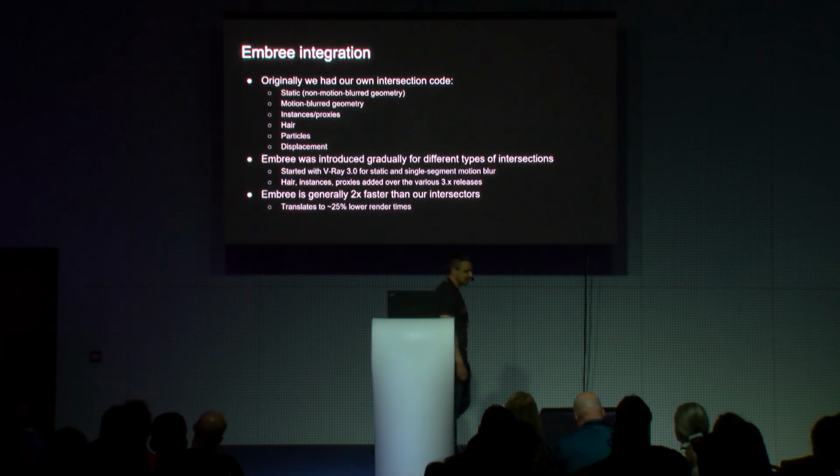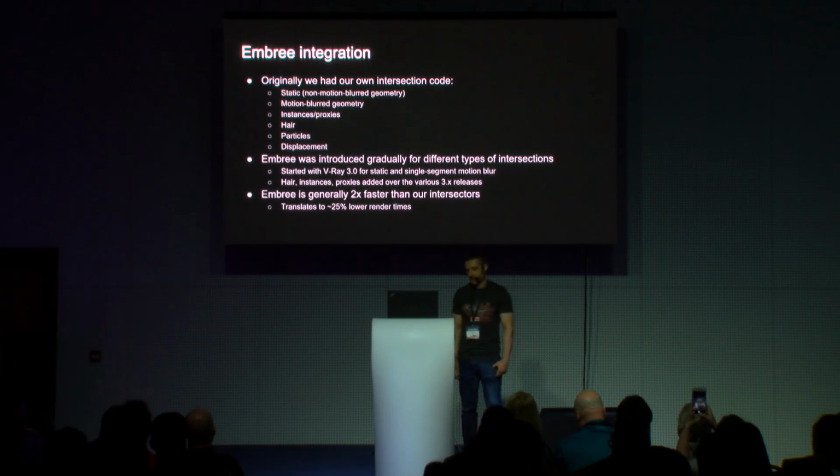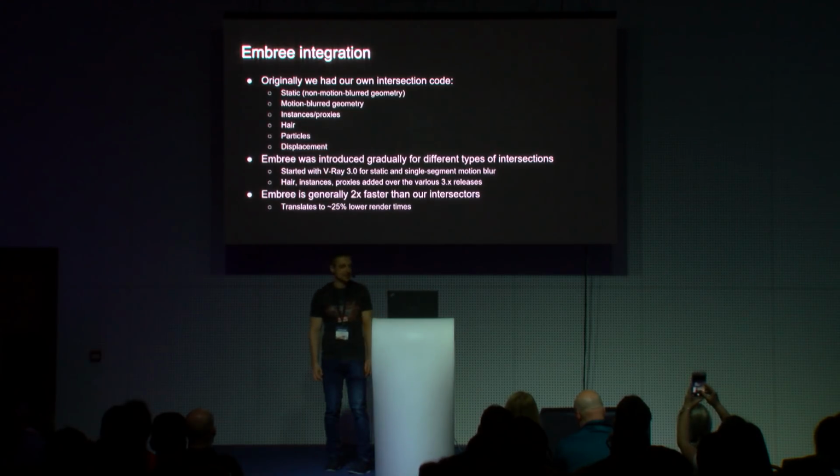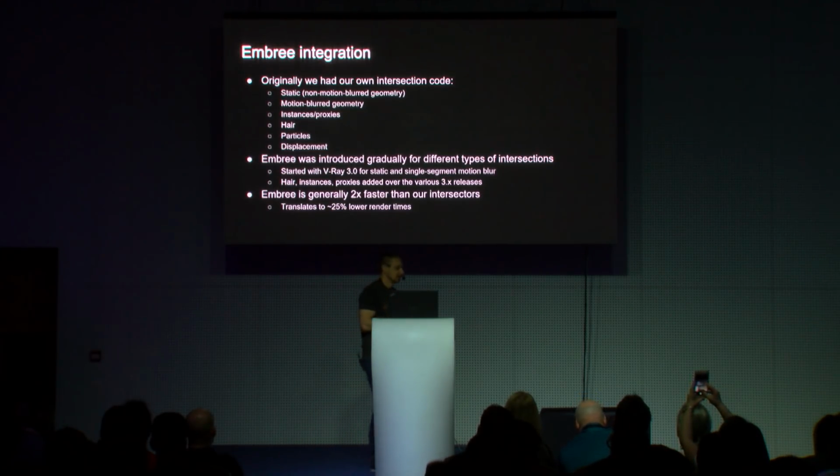Embree is a library by Intel for fast intersection of rays with all kinds of geometry. Before that, when we originally developed VRay, we had our own intersection code for all the different primitives that we have in VRay, which is triangle meshes, motion blurred meshes, hair, particles, and things like that.